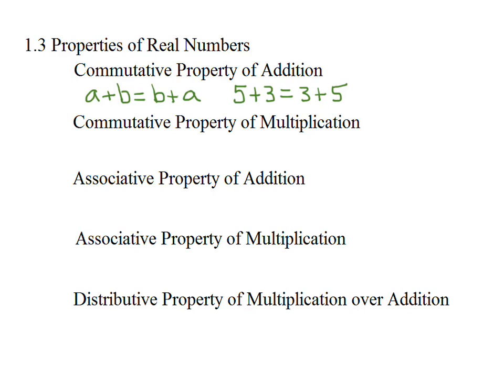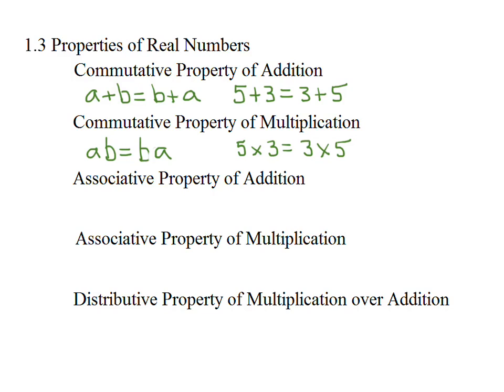And then the commutative property of multiplication, we can do this with multiplication as well. Now, sometimes the meaning is slightly different. Having 3 columns by 4 rows is a little different than 4 columns by 3 rows.